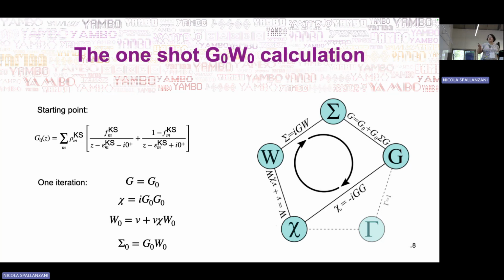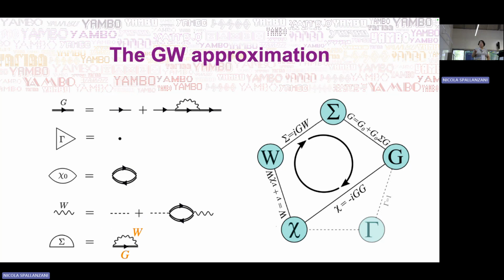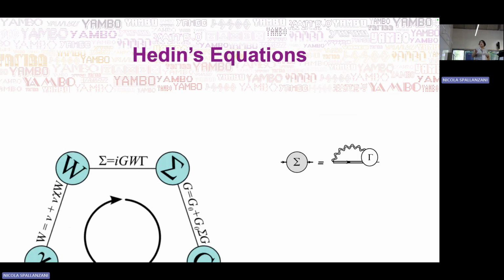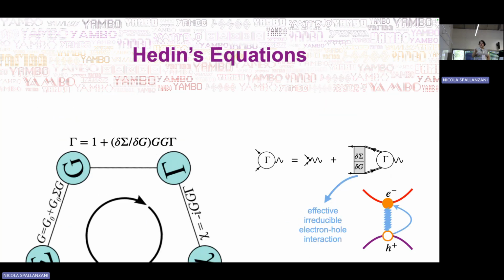So why do we neglect it? Well, I think the first motivation is that it is very complicated to compute. If it's hard to compute and we can get away without computing it, it's okay. And probably it's a good enough approximation, in some cases, if we neglect the interaction between holes and electrons in the system.